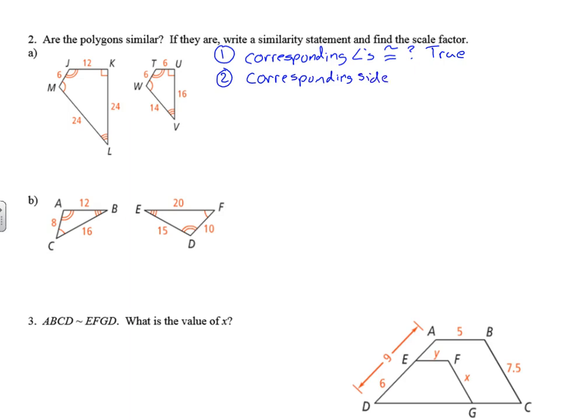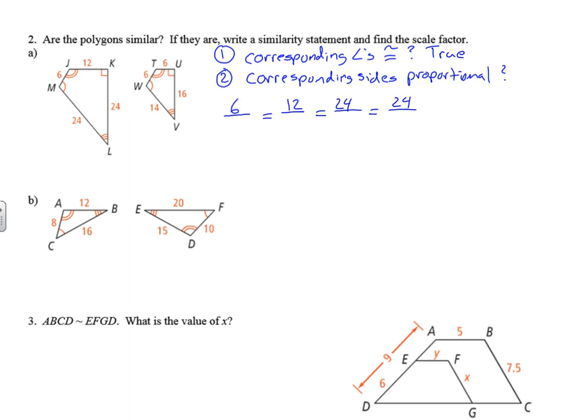sides proportional? That's going to take a little more work to answer this question. So in a quadrilateral, we've got 4 sides. I'm just going to work my way around, and we've got 6, 12, 24, and 24. Okay.